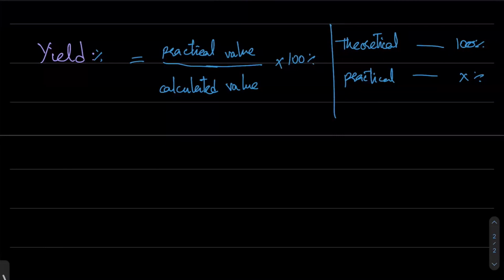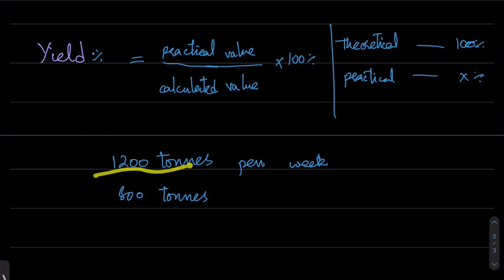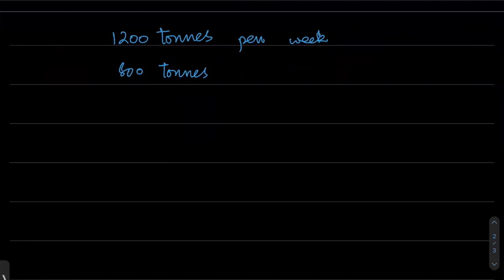Okay, so for example, if you had enough material to produce 1200 tons per week, but after a week you could only produce 800 tons, so this is your calculated value कि अच्छा मेरे पास 1200 का सामान है, and this is what is actually produced. So your yield is going to be the two methods that are there. You assume that 1200 was 100%, so 800 is x%. So you cross multiply it.